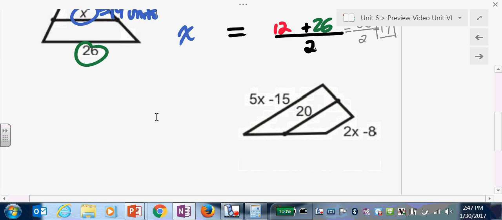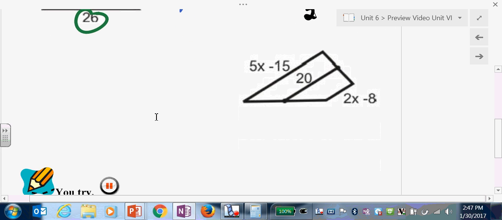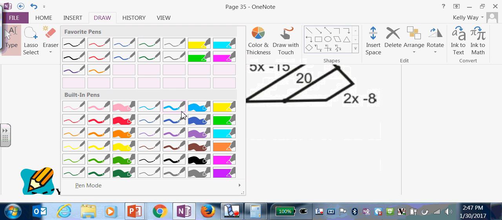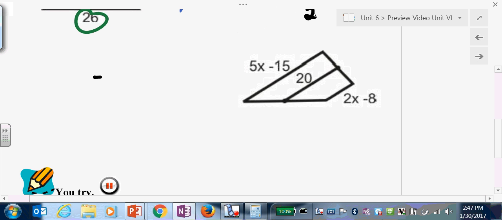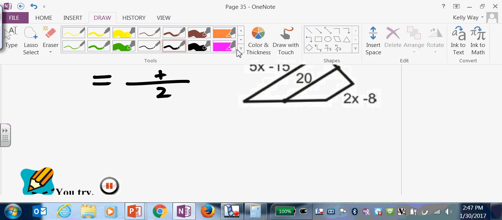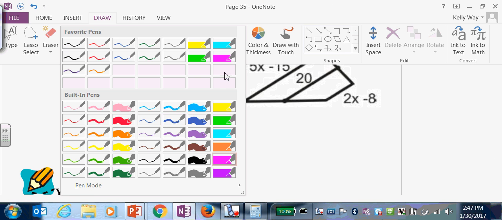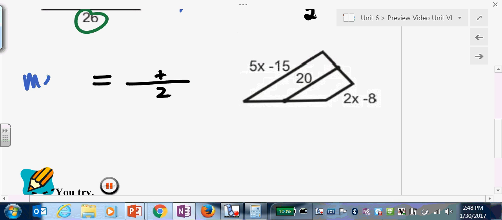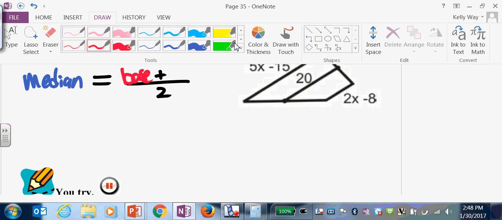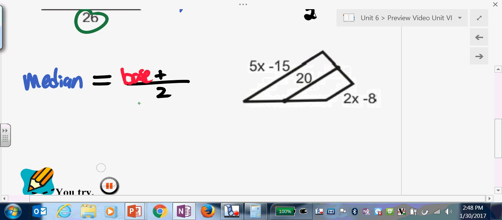Okay, again, let's do this one down here together. Let's start by writing our equation. The equation has two sides with an equal sign. We'll start by writing median equals base plus base over 2. We average the bases. Now we're going to circle, plug, chug.